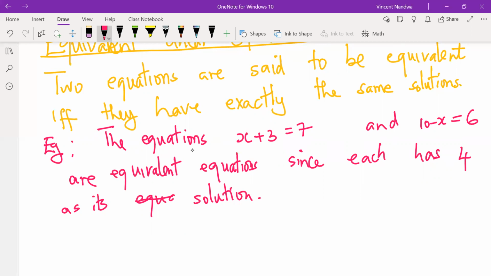So x plus 3 equals 7 and 10 minus x equals 6 are equivalent equations because if you solve each of them, you get 4 for x.